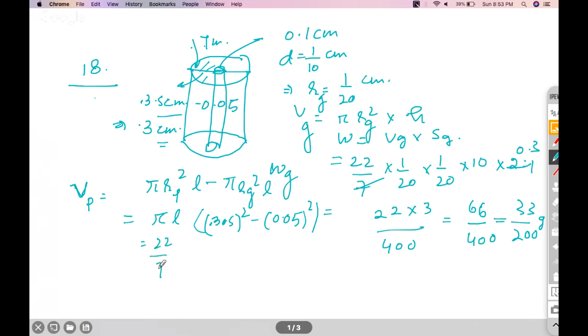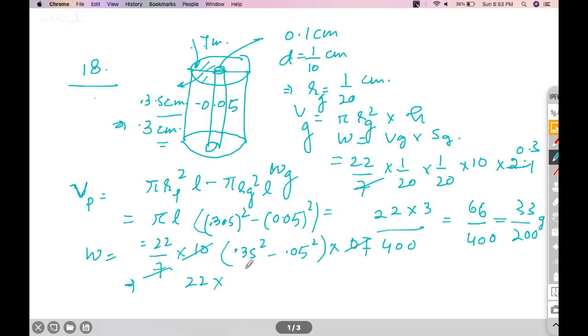So this is 22 by 7 into 10, and this is 0.35 square minus 0.05 square. So how much is it? And then for weight I will multiply it with how much? 0.7. So what it gives me is that this and this is gone.